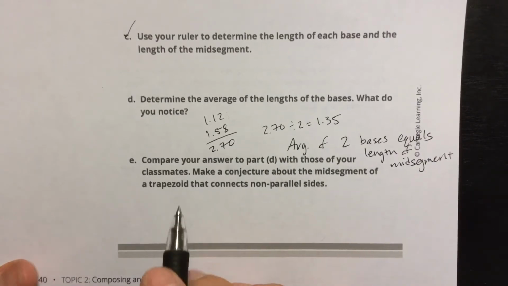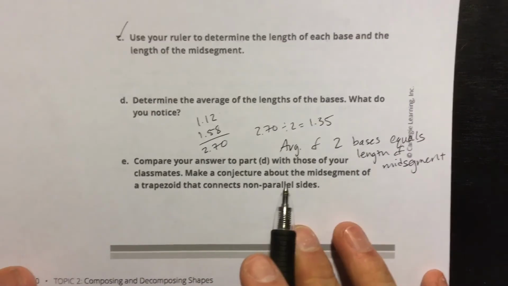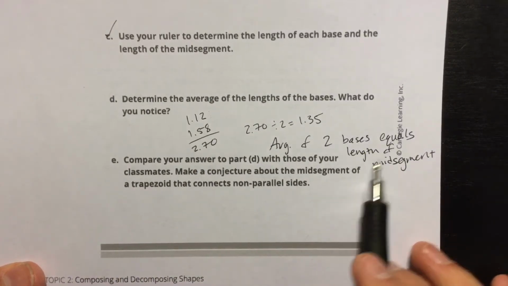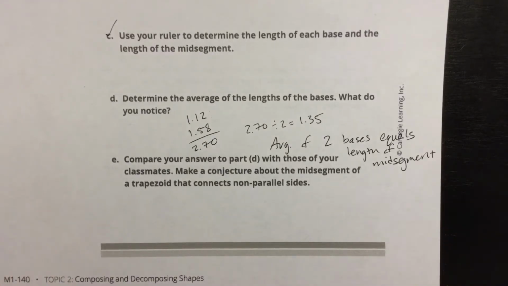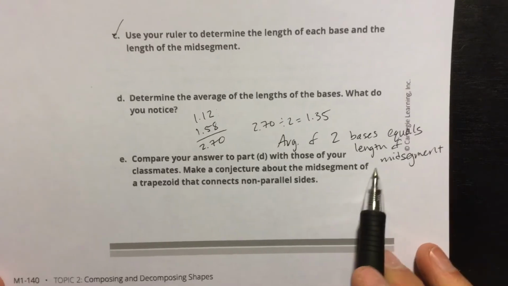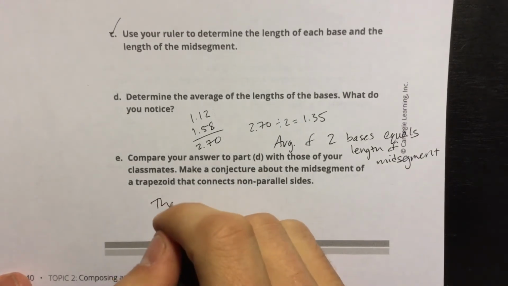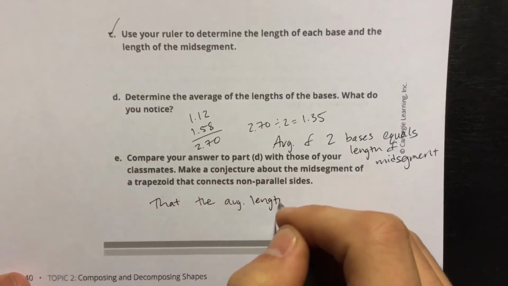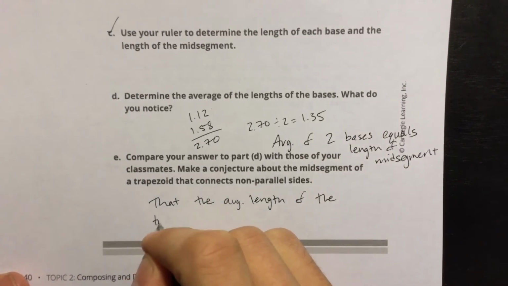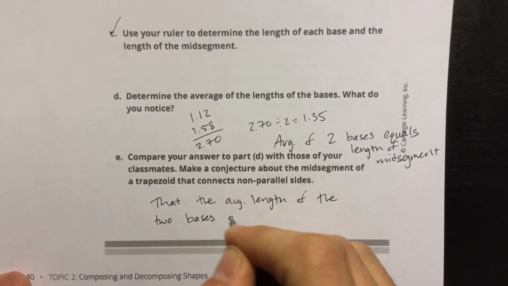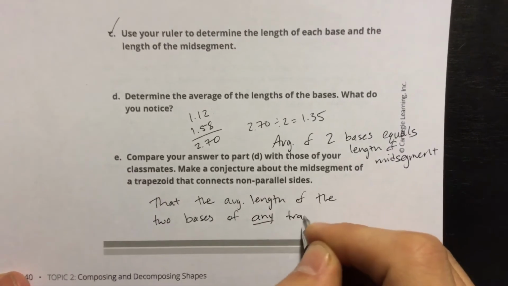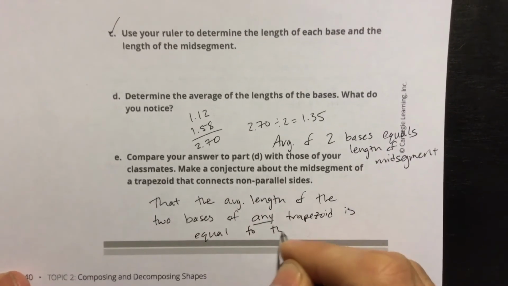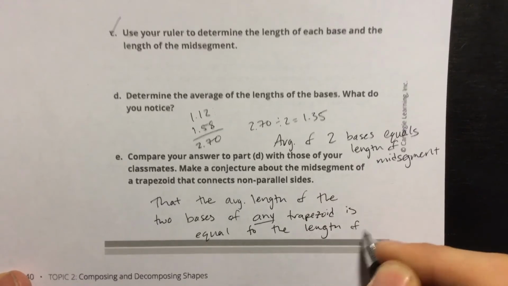And so a good way to approach making conjectures, especially in these packets, they like to set you up for success, right? So they said, what do you notice? Well, you notice that the average of the two bases of this trapezoid equaled the length of the mid-segment. So what's a conjecture? What's an assumption that I can make for all trapezoids? Well, since I just noticed this with one trapezoid, I could maybe assume that the average length of the two bases of any trapezoid is equal to the length of the mid-segment.